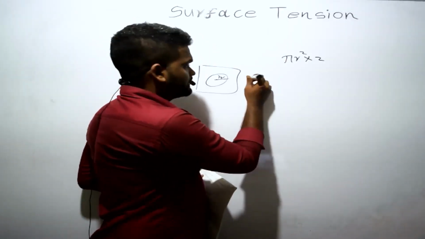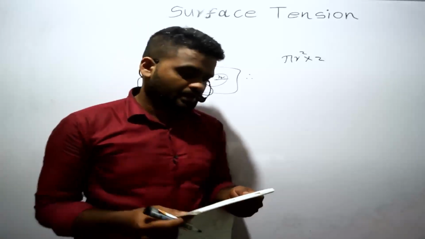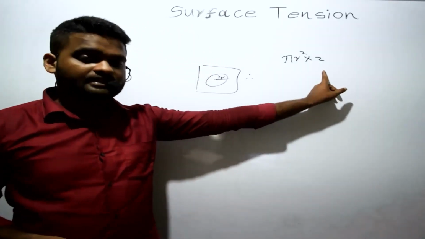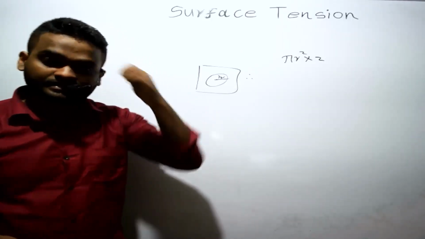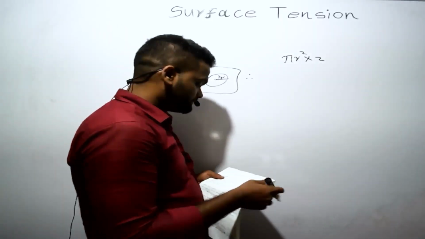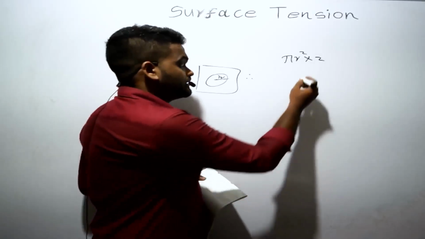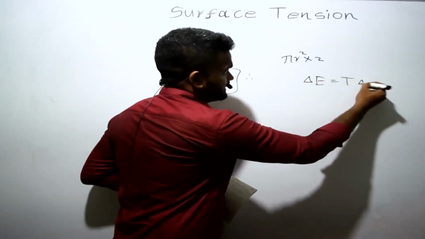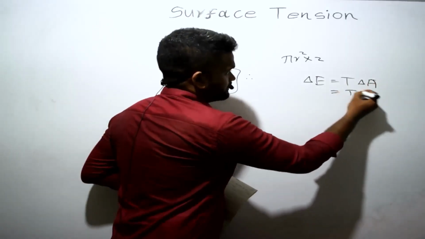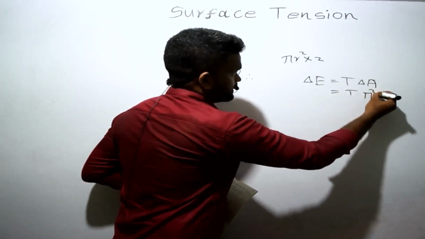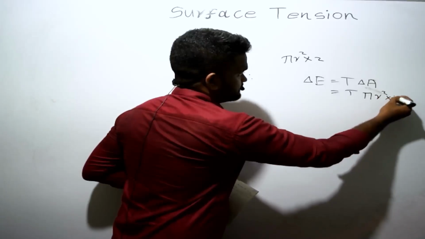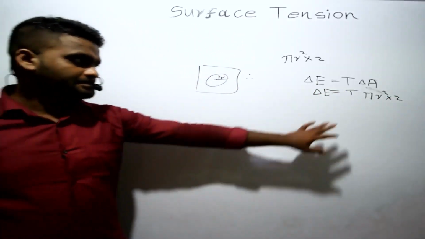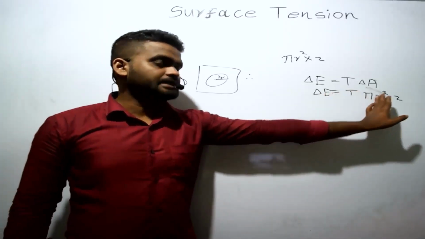Below that, therefore, surface energy decreases by how much? Delta E equals T delta A. So it is pi r squared times 2. Understood? Delta E equals T pi r squared times 2.